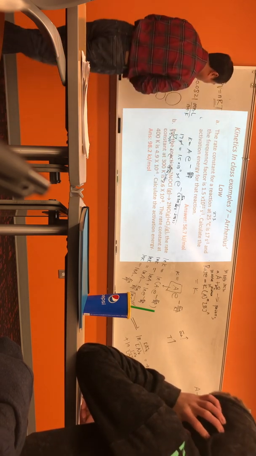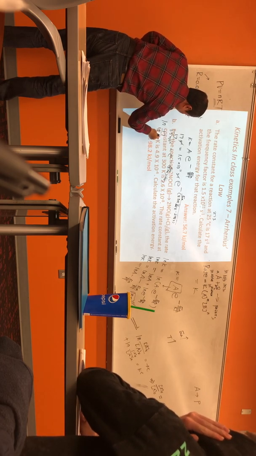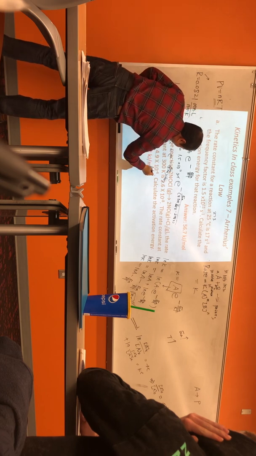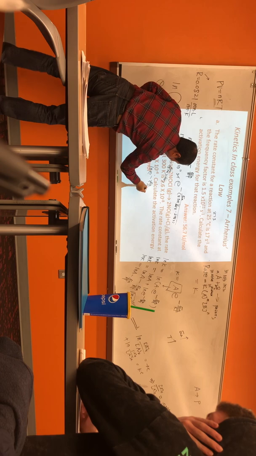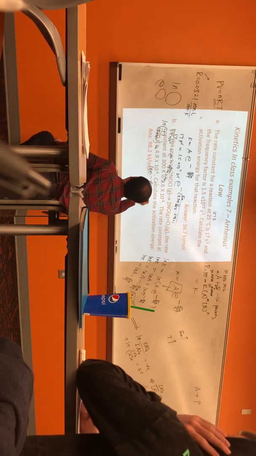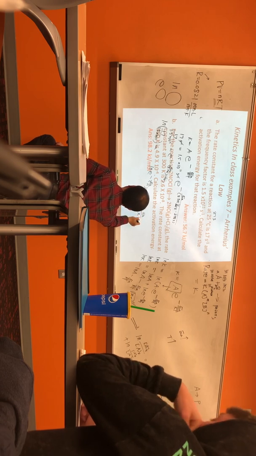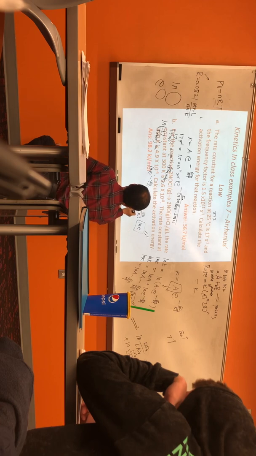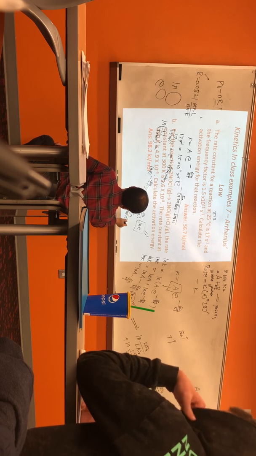If you take the natural logarithm of both sides, anything in the exponent can come in front of the logarithm, and ln e is equal to 1, so you have negative EA over 8.314 times 298.